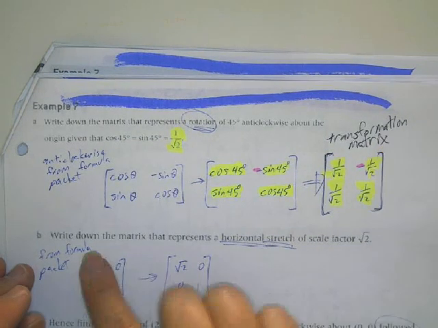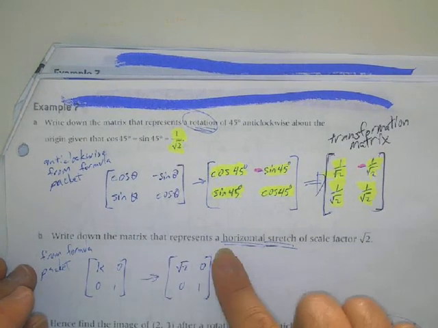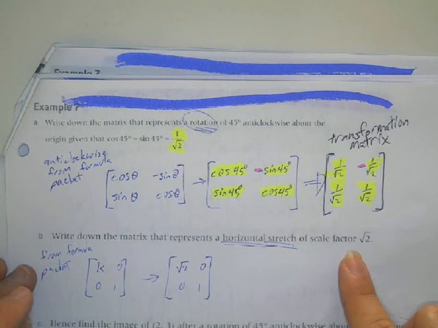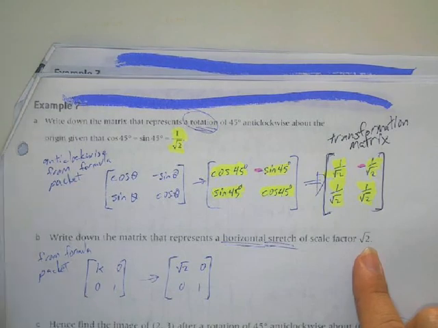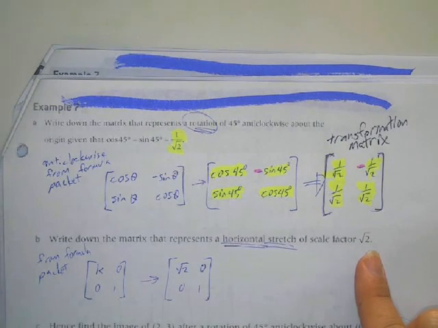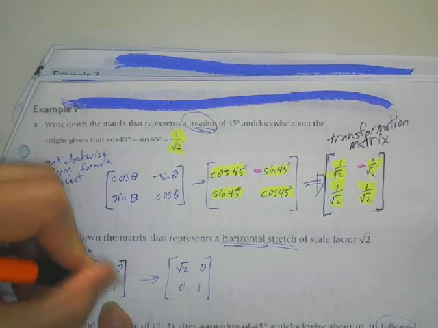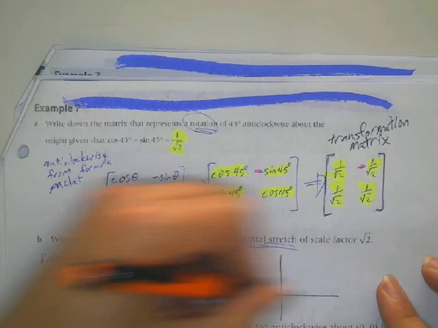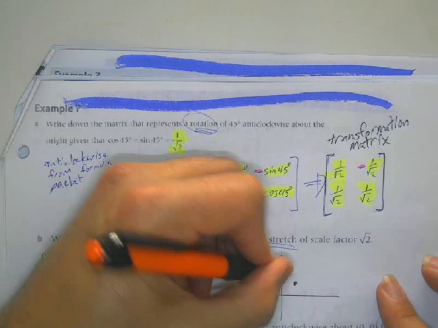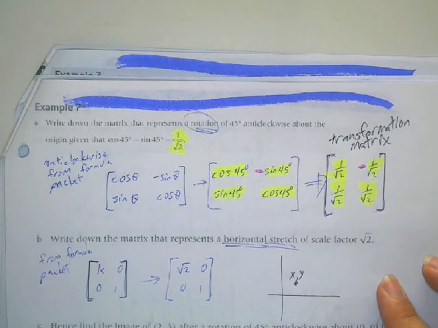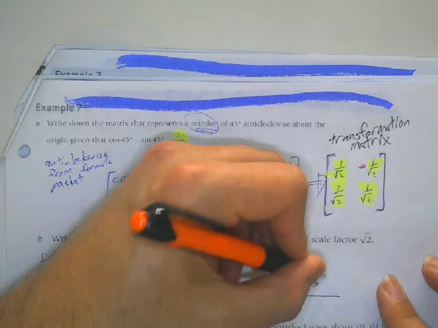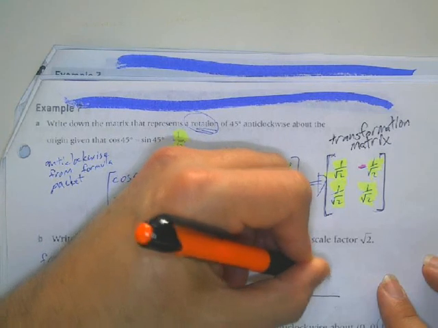So write down the matrix that represents the horizontal stretch at a scale factor of 2. So horizontal stretch means in the x direction, if I've got (x, y), the new location is going to be (kx, y).